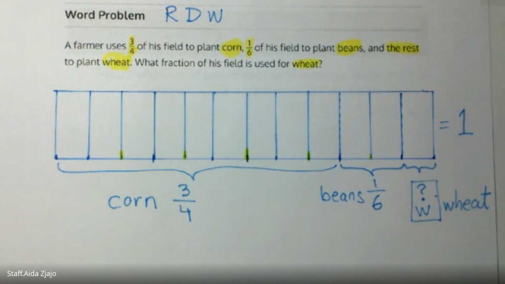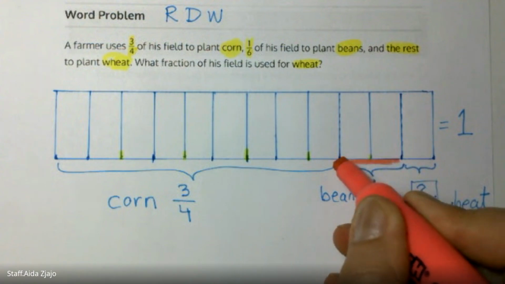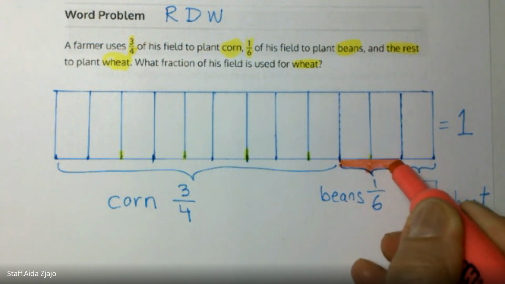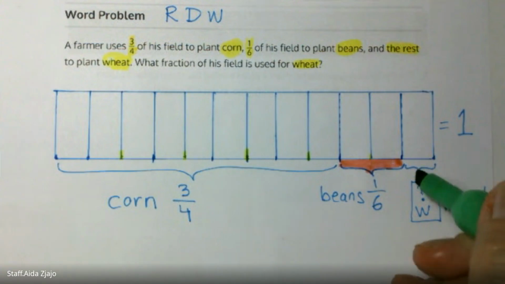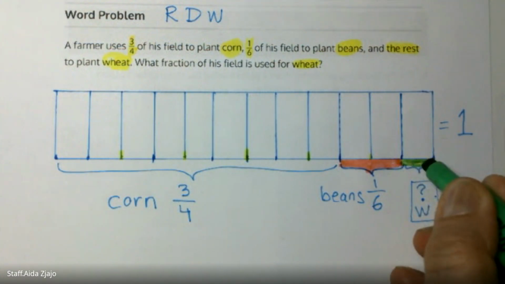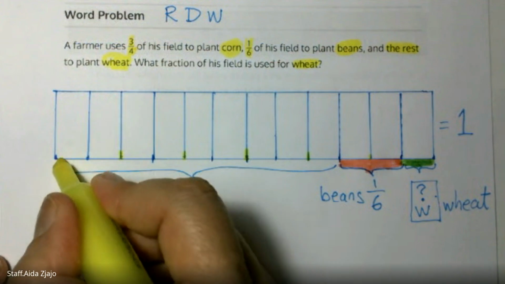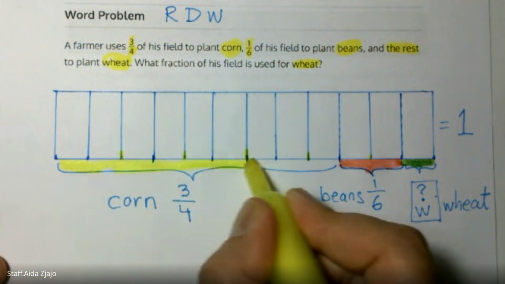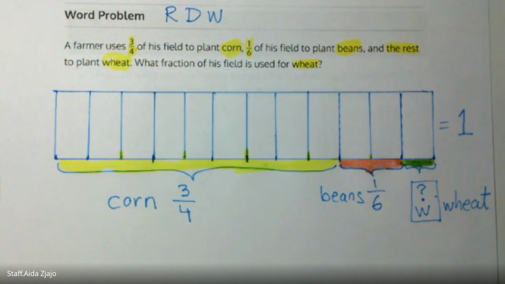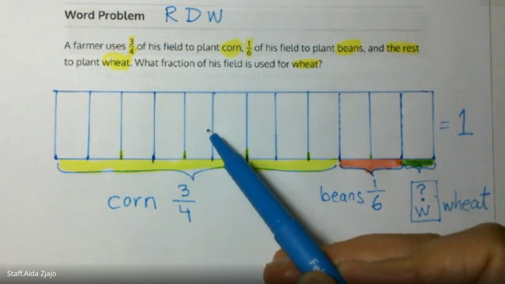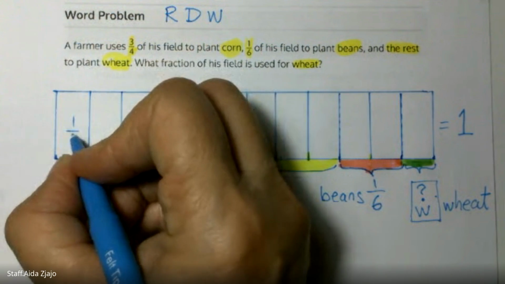Let's take the 1/6 to be pink, the unknown to be green, and all this 3/4 represents my yellow. Now I need to figure out how much each part is. 1, 2, 3, 4, 5, 6, 7, 8, 9, 10, 11, 12. So each represents 1/12.